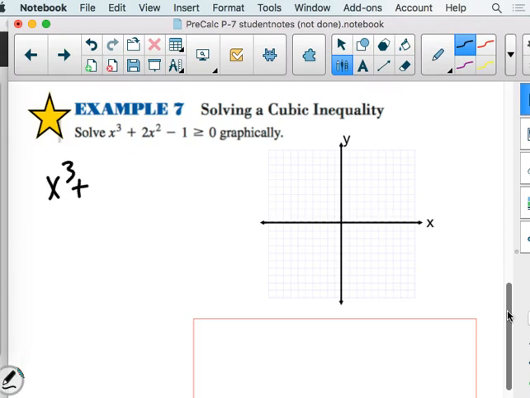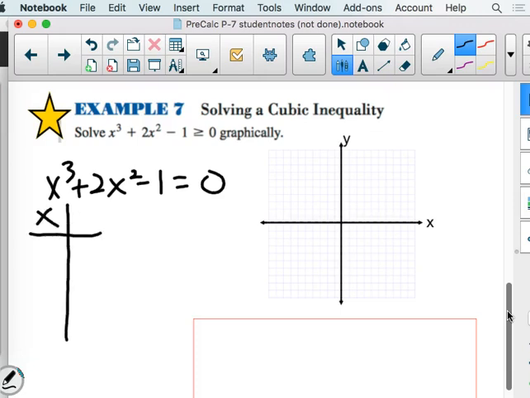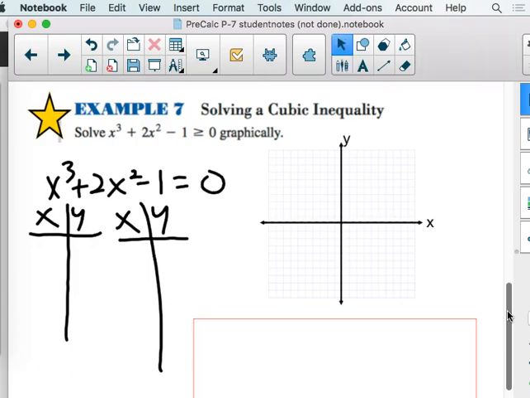So x cubed plus 2x squared minus 1, the first thing we do is try to factor it. Well, there's no greatest common monomial factor, and it has a cubed in front. Well, we can't break that down into two sets of parentheses. That's a no-go for us. So what we'll have to do is graph it, and then think about where our solutions are going to be. So let's plop it in.